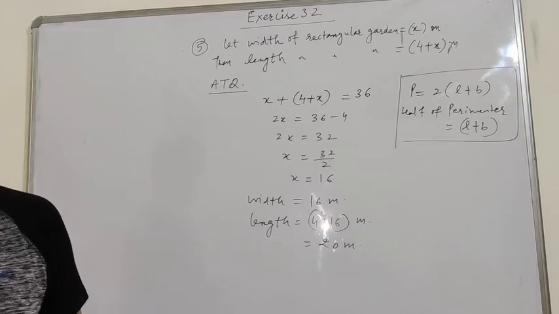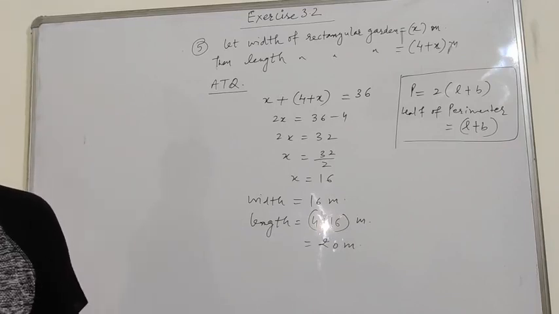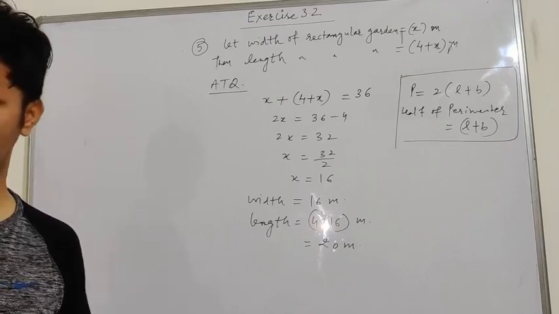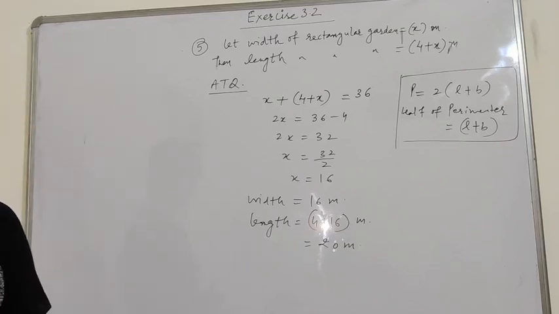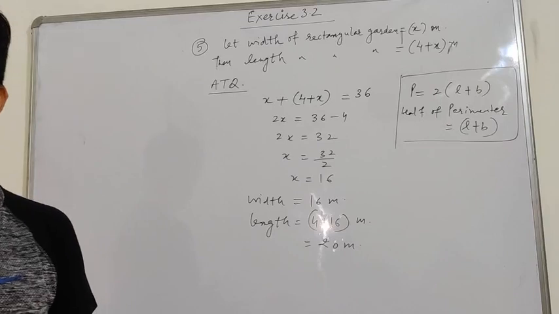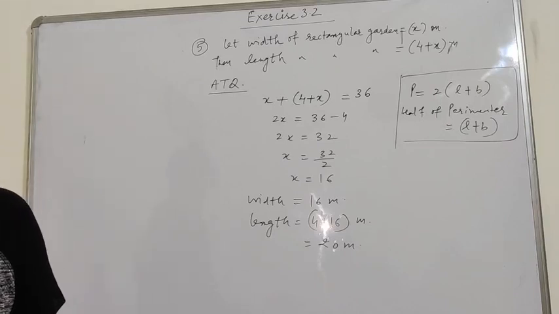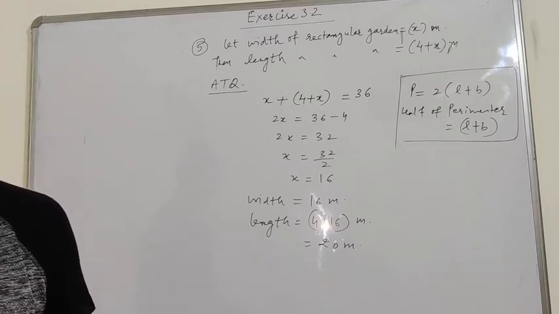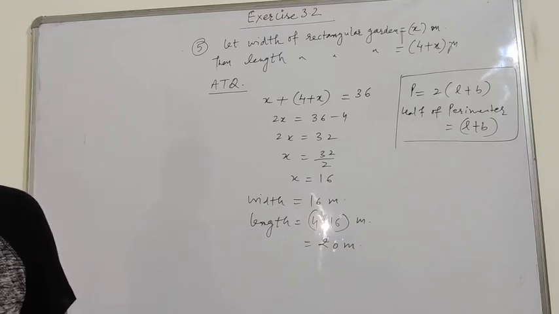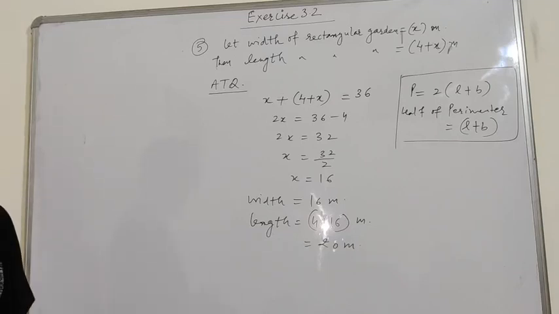Now come to next question. Given the linear equation 2x plus 3y minus 8 is equal to 0, write another linear equation in two variables such that the geometrical representation of the pair so formed is intersecting lines, parallel lines, and coincidental lines.